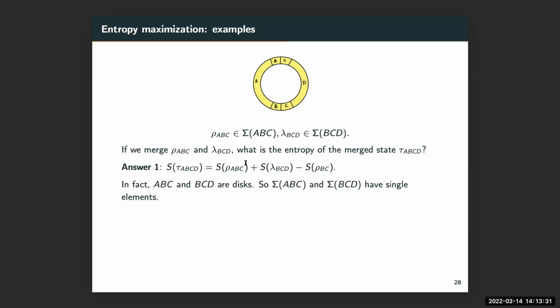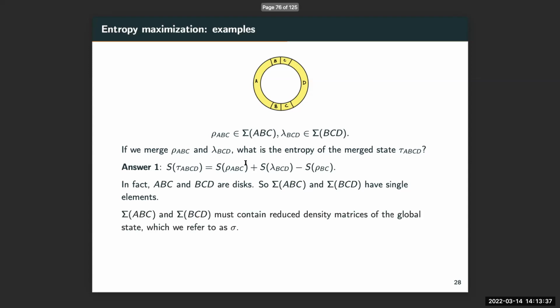And therefore, this rho ABC and rho BCD, whatever they are, should be exactly equal to the reduced density matrix of the ground state. Let's call it sigma. So you just plug that in, and then you get this formula. The maximum entropy is equal to this quantity, which only depends on the ground state entanglement.